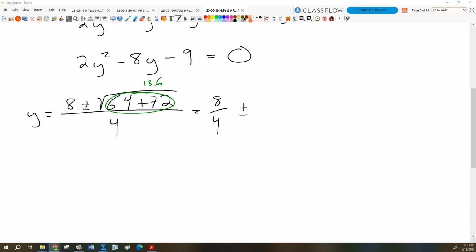So is there a perfect square factor of 136? 8's not a perfect square. No big ones, right? 4 goes in. So that's going to give us the square root of 4 times the square root of 34, right? Because 136 is just 34 times 4, okay?